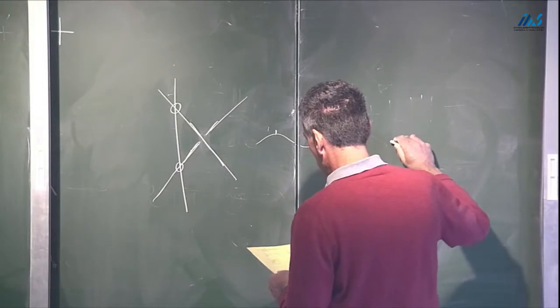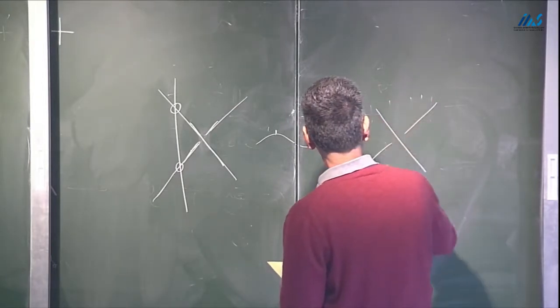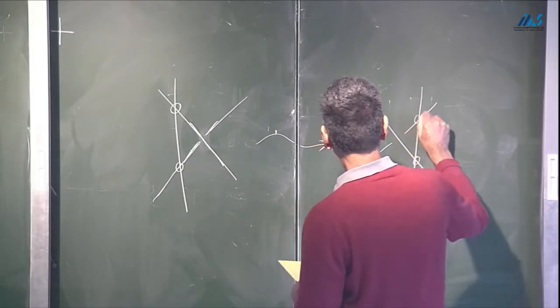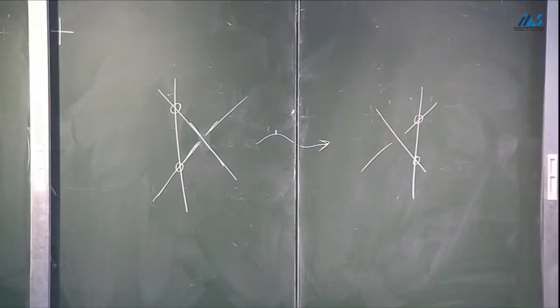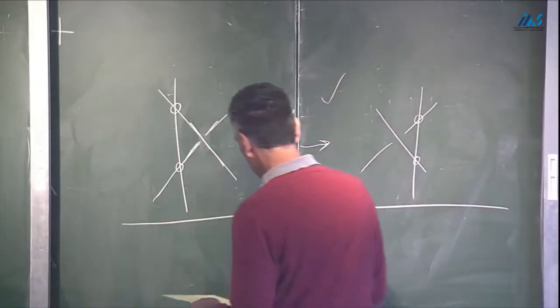In this virtual theory you're allowed to do things like move a pair of virtual crossings across another crossing, but here's something you're not allowed to do.